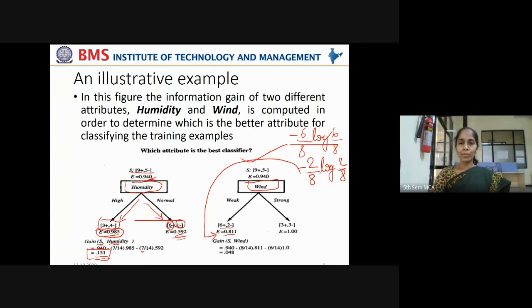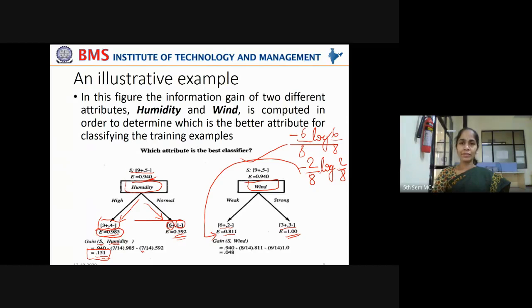What is the entropy when the wind value is strong? Total how many training examples have wind value as strong? 6 training examples. Out of them, how many are positive? 3. How many are negative? 3. When there are equal numbers of positive and negative training examples, you have entropy as 1.